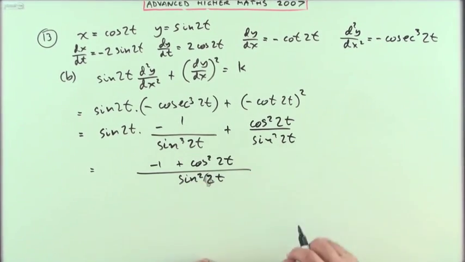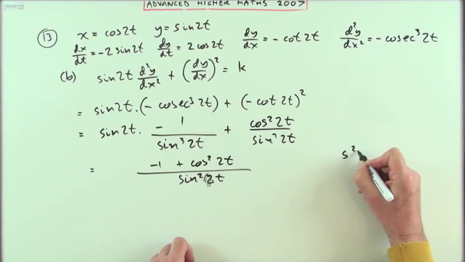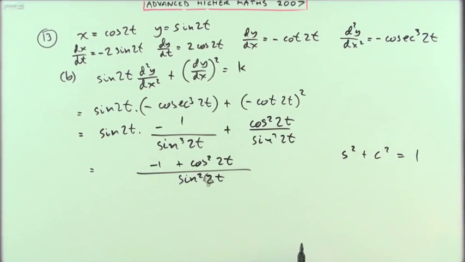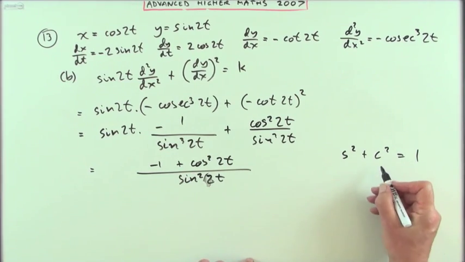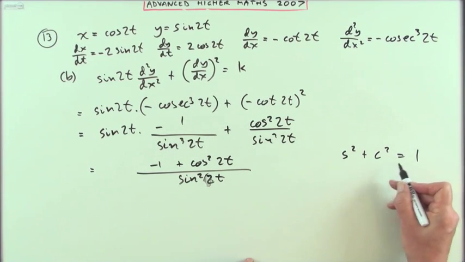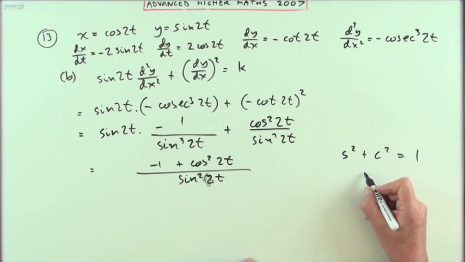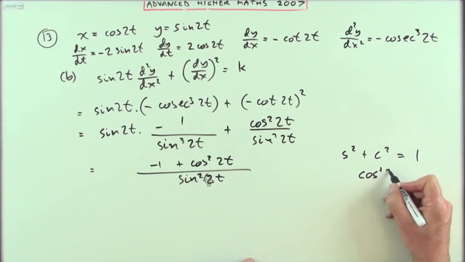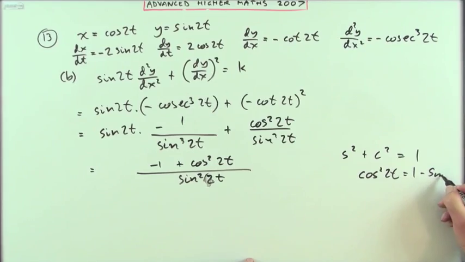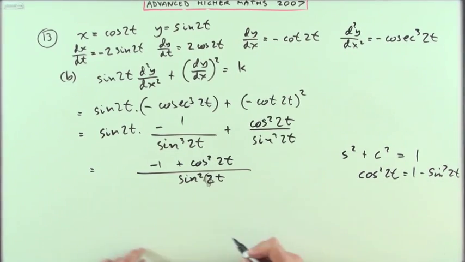I'm still going to have to use one of those identities. I'm still going to have to use the fact that sine squared plus cos squared equals 1 to resolve the top of this, so that I can replace cos squared with 1 minus sine squared. So I'll say cos squared 2t is 1 minus sine squared 2t.